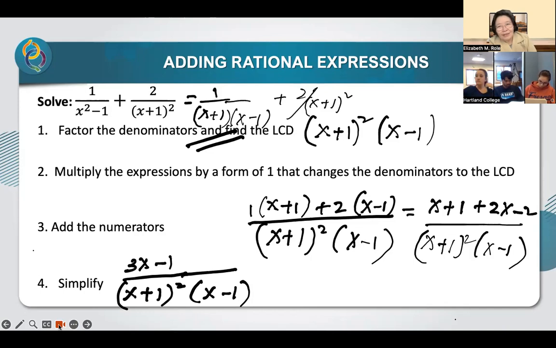And then we learned how to simplify rational expressions, including multiplying, dividing, adding, and subtracting. So we'll have a quiz on this on Tuesday.